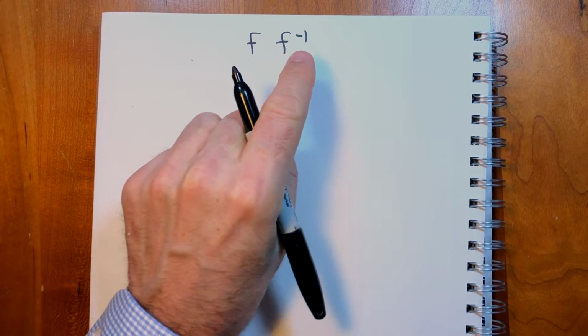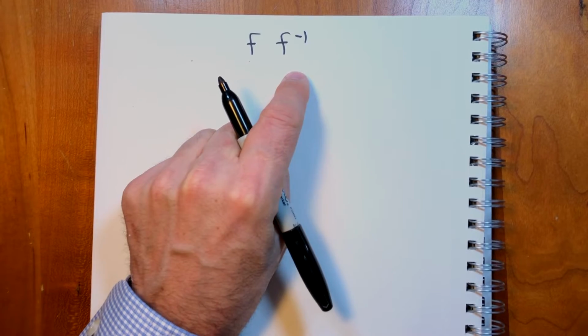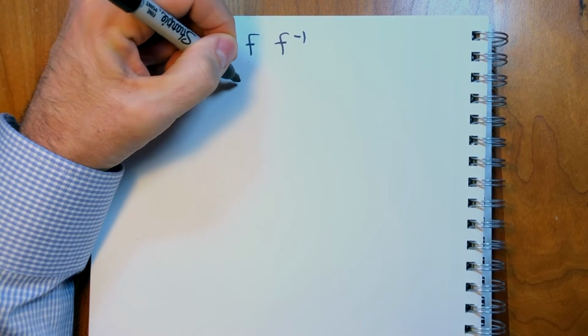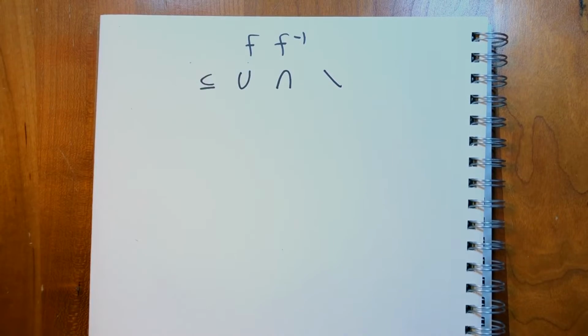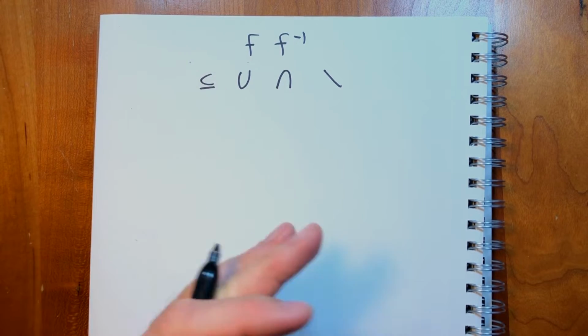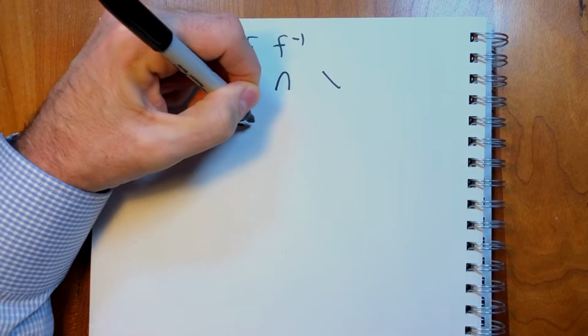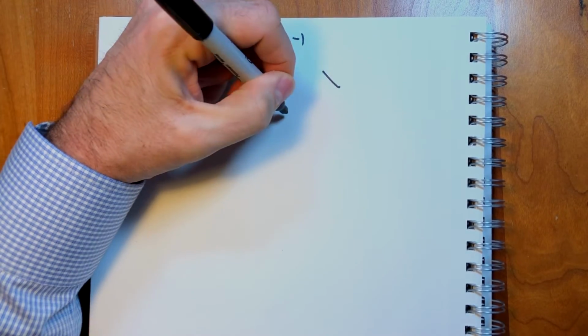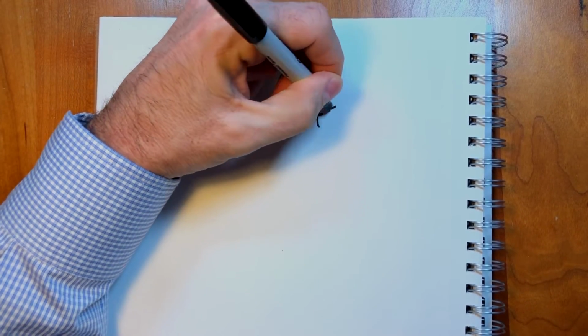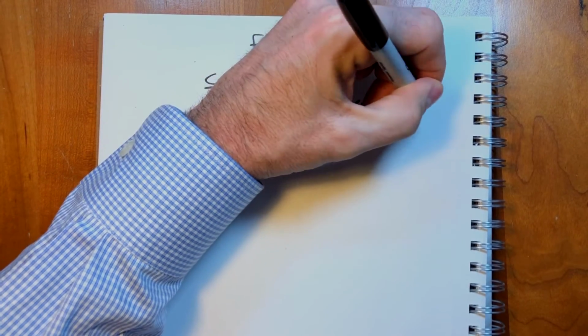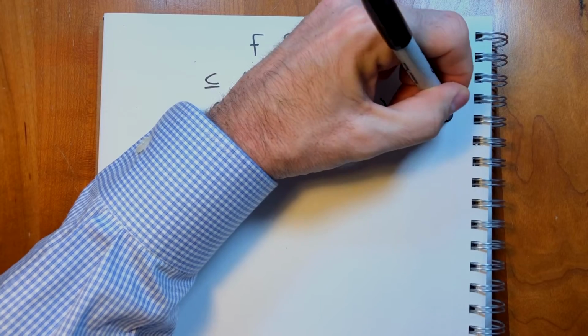The operation preimage, when applied to subsets of B, behaves very nicely. It preserves inclusions, unions, intersections, and differences, the four operations of set theory. What I mean by preserves is that if B0 is a subset of B1, that implies that f^-1 of B0 is a subset of f^-1 of B1.